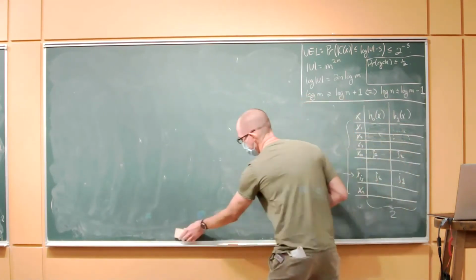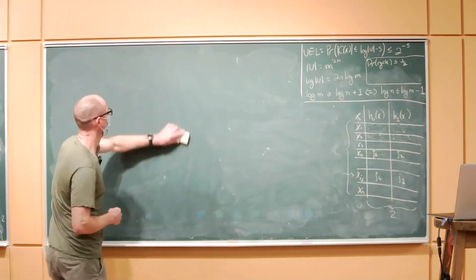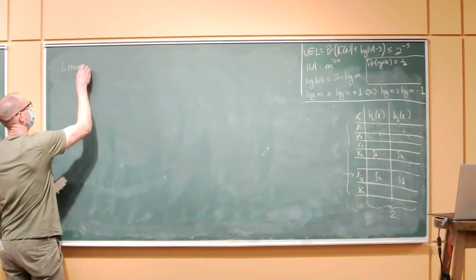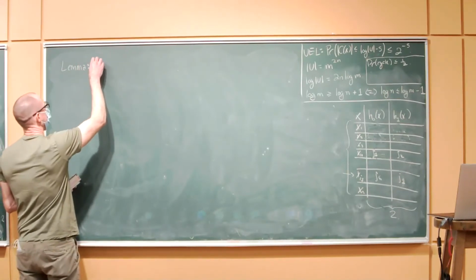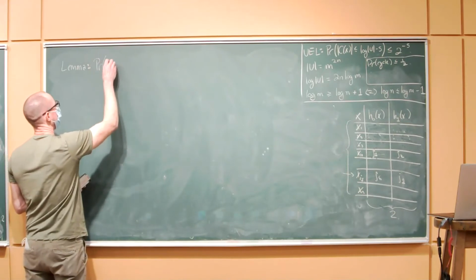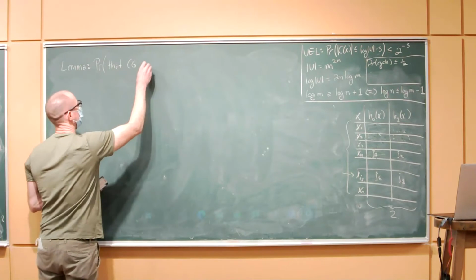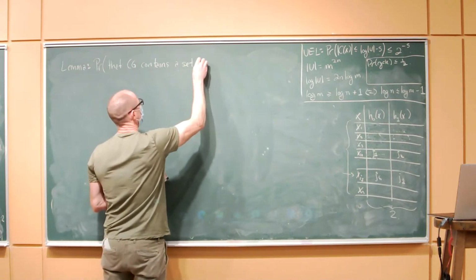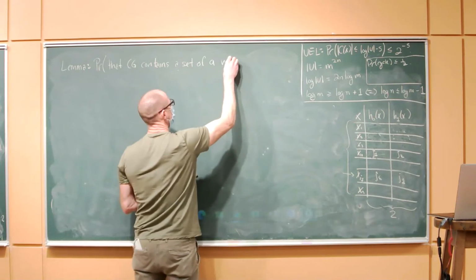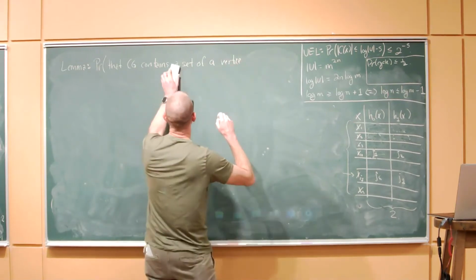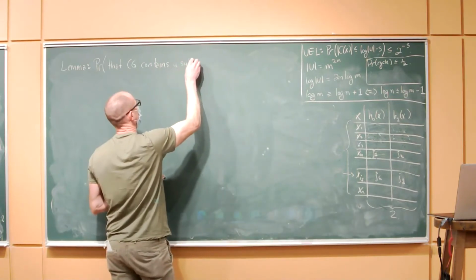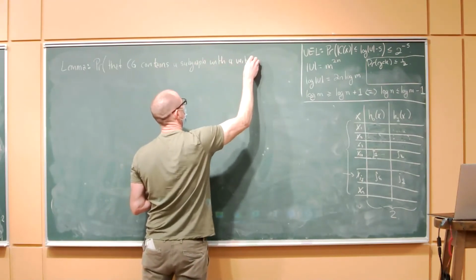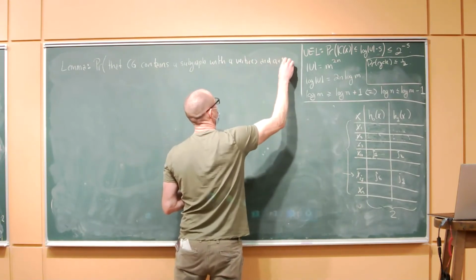Let's look at another question. What is the probability that the Cuckoo graph contains a subgraph with A vertices and A plus 1 edges?